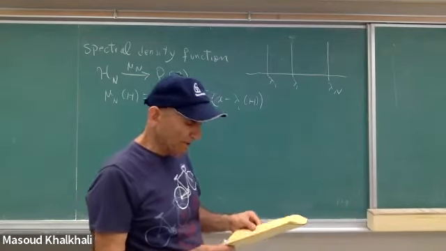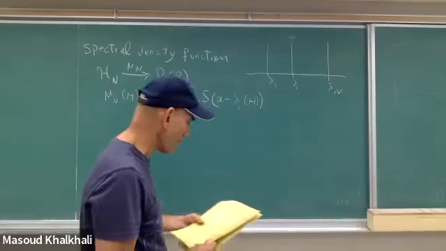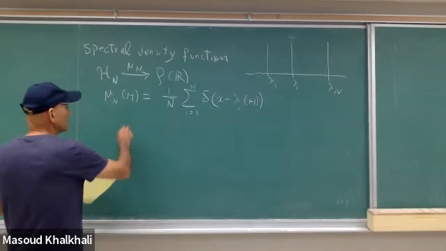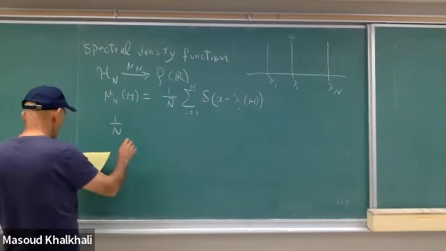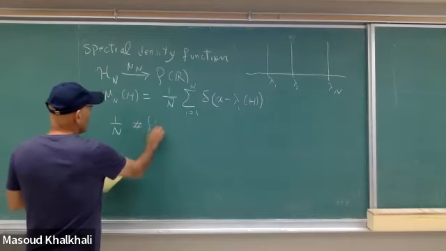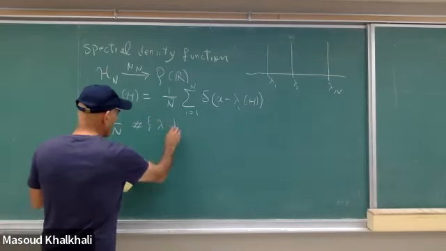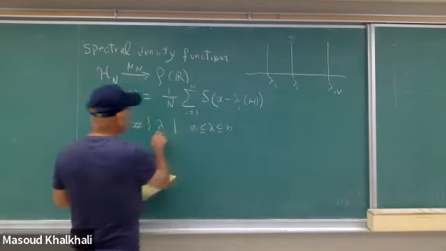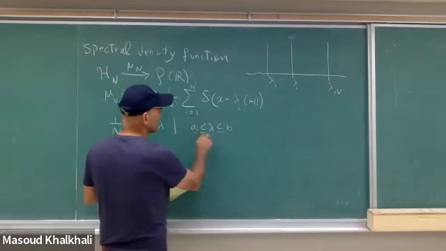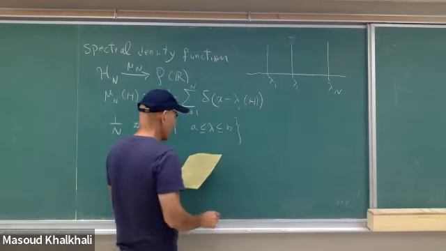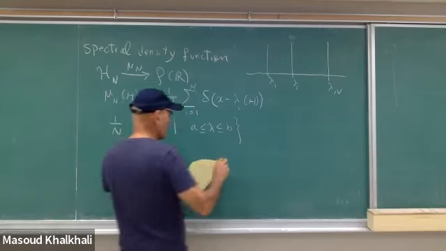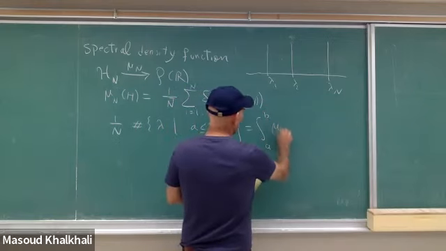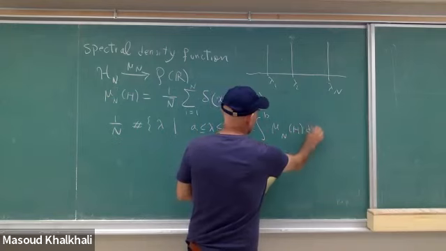So you want to average this. First of all, what is the interest of this? You see, 1 over n times the number of lambda in the spectrum of H such that lambda is between A and B. The number of lambda in the spectrum of H located between A and B is exactly equal to the integral from A to B of mu n of H dx, by definition, as you can see.